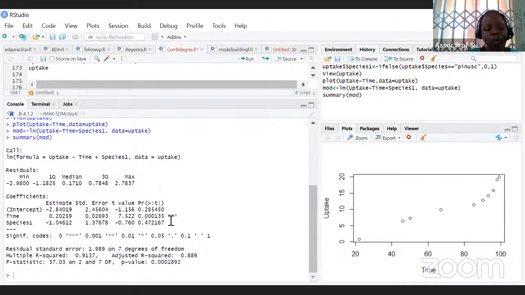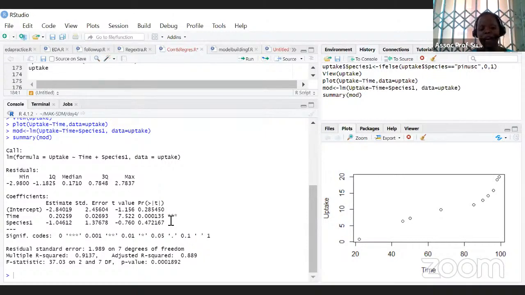When we come to our dummy variable, it has a p-value of 0.472. The p-value is big, bigger than 0.05, meaning there's no evidence to reject the null. So there's no significant linear relationship between uptake and species.